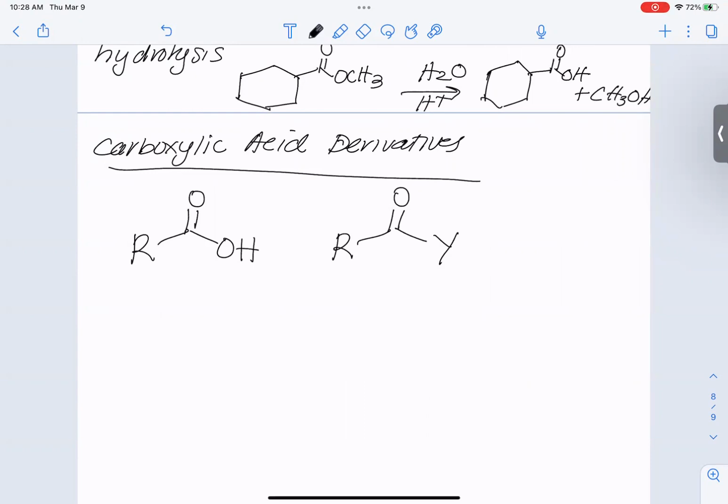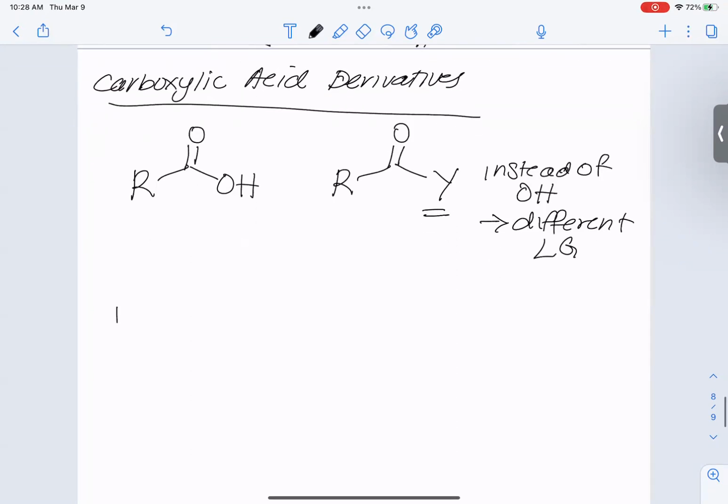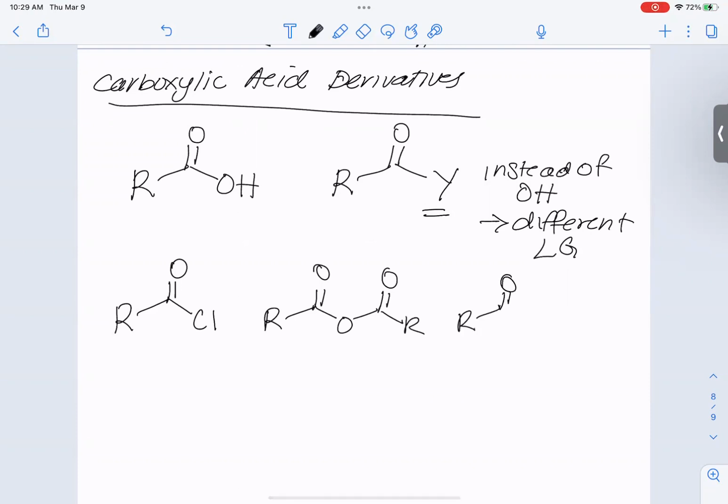A carboxylic acid derivative, instead of an OH, you have a different leaving group. Right, so the first derivative that I drew is an acid chloride.